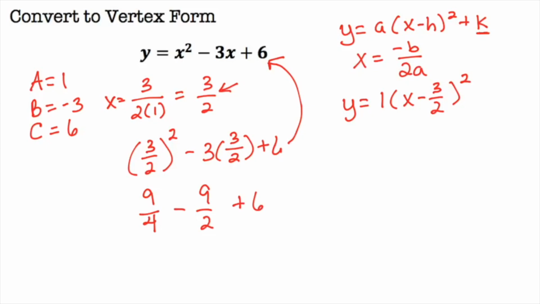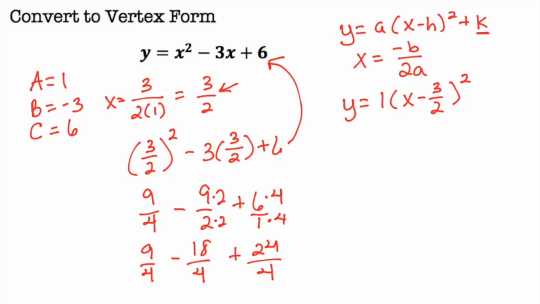So now we're going to multiply by 2 on the top and the bottom to change our denominator to a 4, so we can add and subtract. And this one we'd also have to multiply by 4 on the top and the bottom. So then we have 9/4 minus 18/4 plus 24/4.